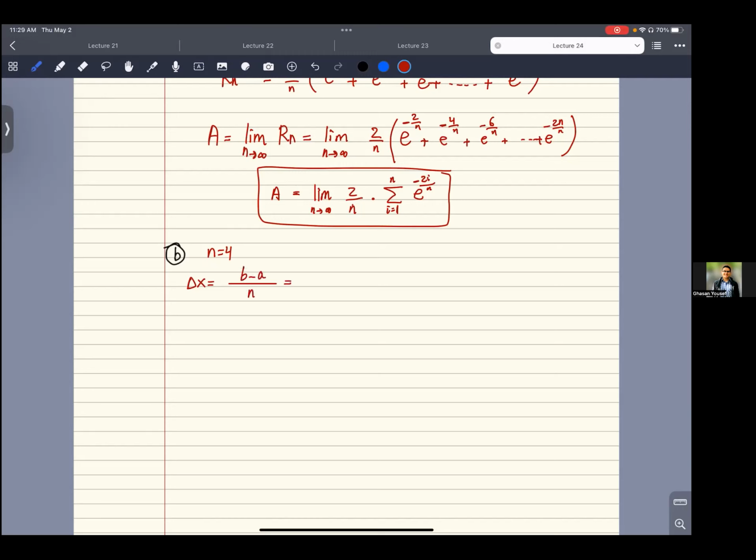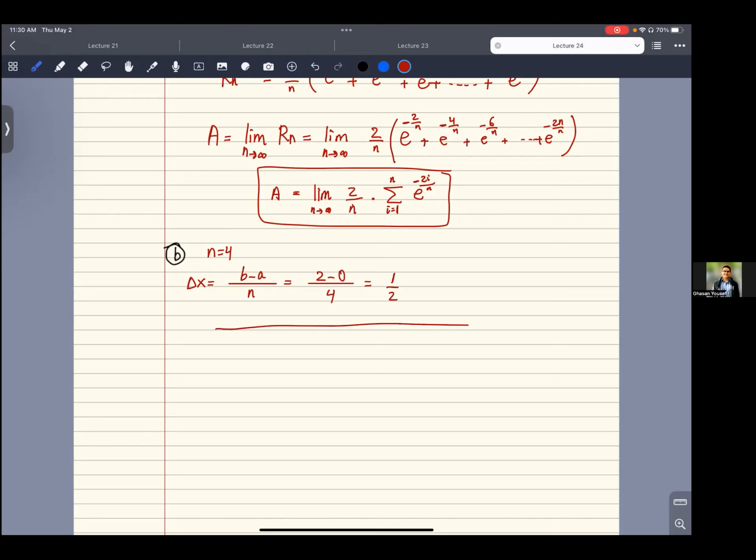What is b? Exactly 2. What is a? Zero. Over n, which is 4. What is 2 over 4? It's 1/2. Correct. So delta x is 1/2.